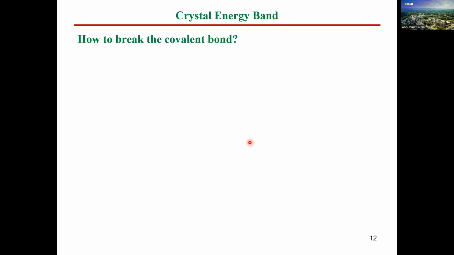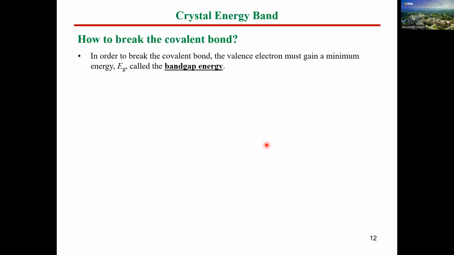Now, the title of this slide: how to break the covalent bond. How can we break, guys, the covalent bond? This is called the crystal energy band. In order to break the covalent bond, the valence electron must gain a minimum energy.